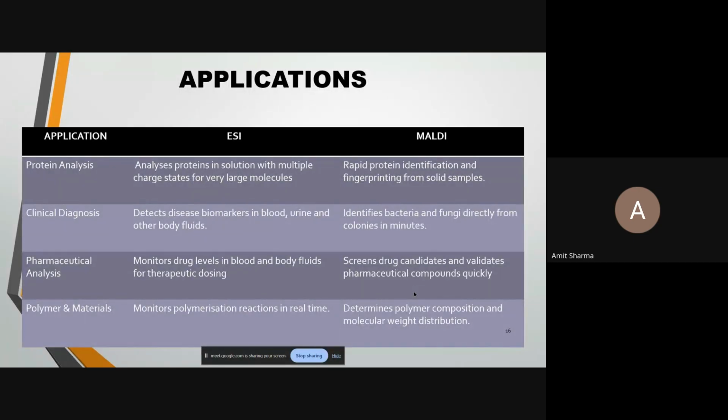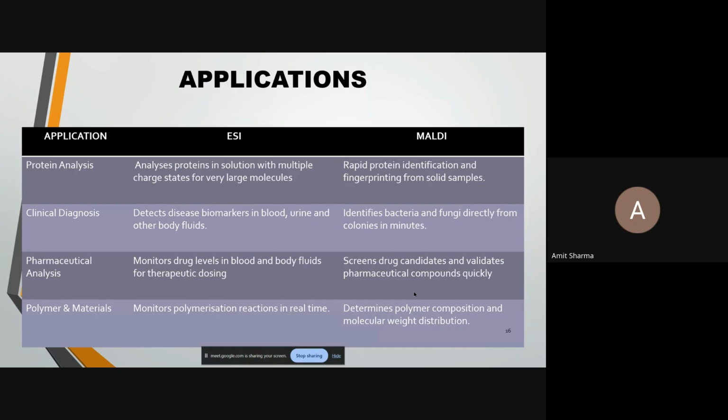So now let us look into applications of ESI and MALDI. For protein analysis, ESI is mainly focused on analysis of proteins in solution with multiple charge states for very large molecules, and MALDI is for rapid protein identification and fingerprinting from solid samples.